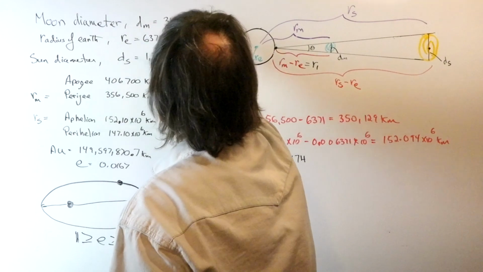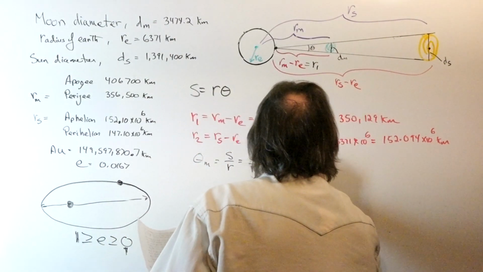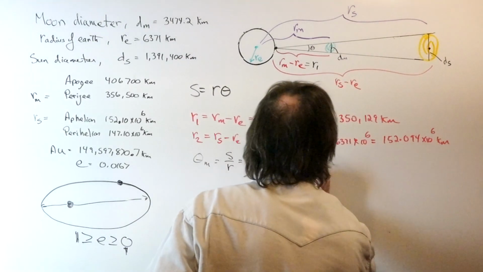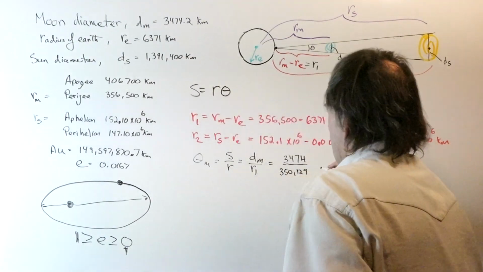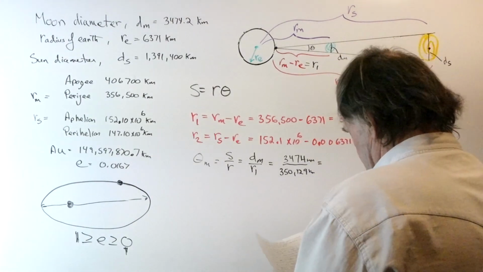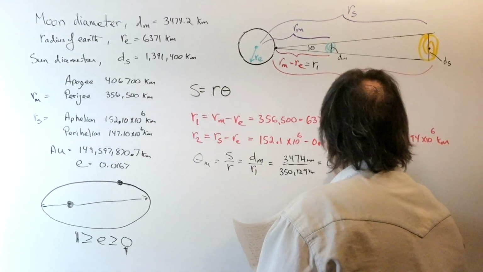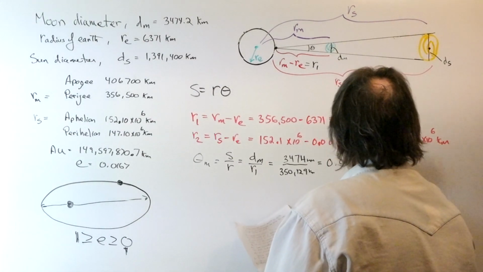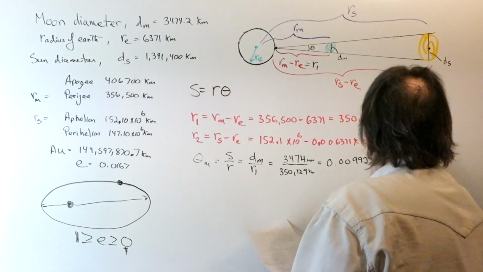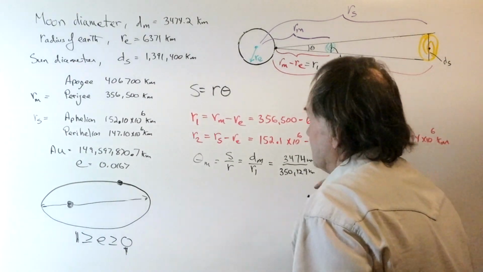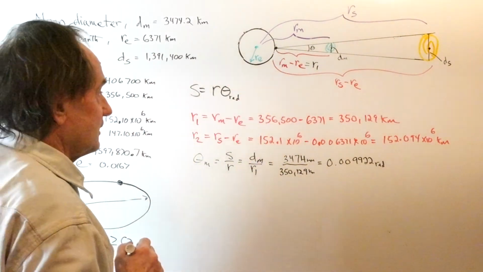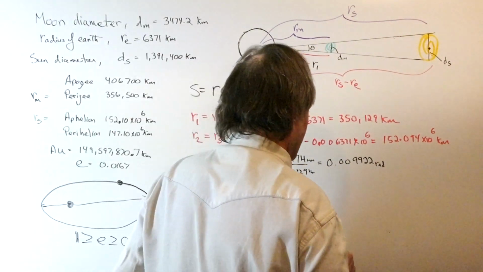We divide by R1, which is 350,129 kilometers. If you perform the division, it comes out to 0.009922 radians. Remember, the angle theta in this equation is in radians, not degrees.